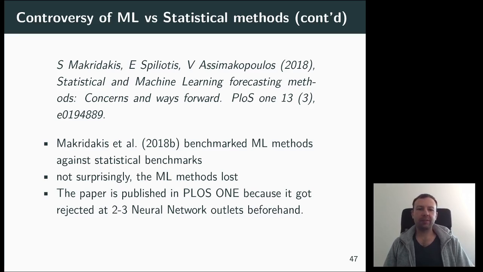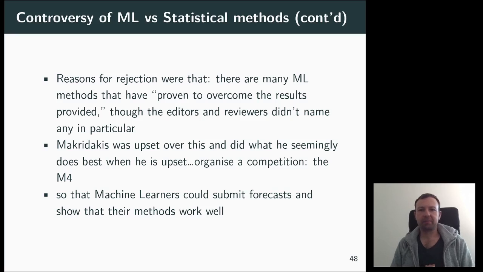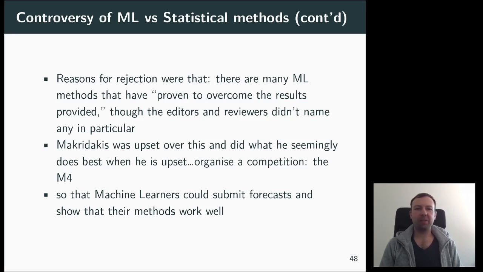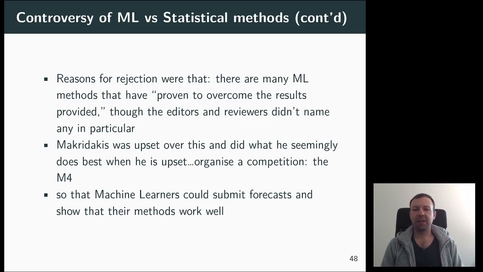But now, interestingly, this paper was published in PLOS One, because it actually got rejected at two to three neural network outlets beforehand. And the reasons for rejection were along the lines that there are many machine learning methods that have proven to overcome the results provided. This is what the editors and the reviewers said in these journals, but they didn't provide any results in particular, right?